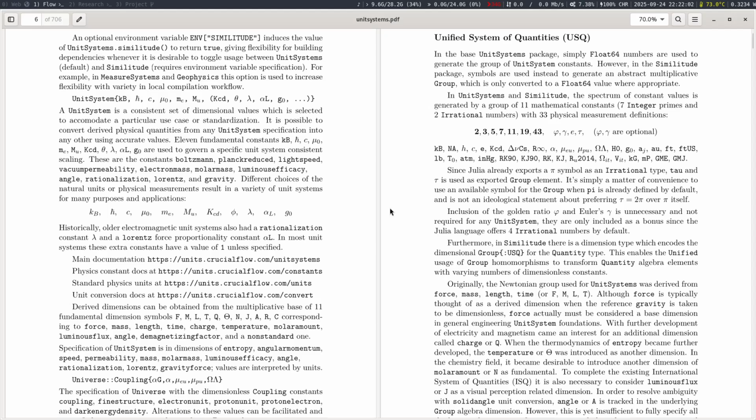In unit systems and similitude, the spectrum of constant values is generated by a group of 11 mathematical constants, 7 integer primes, and 2 irrational numbers, with 33 measurement definitions. So these are all listed here. The primes are 2, 3, 5, 7, 11, 19, and 43. And there's a reason why all of these are present.